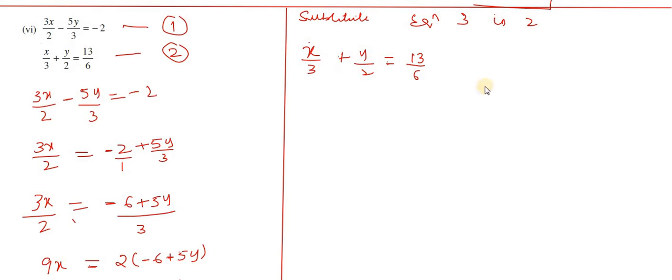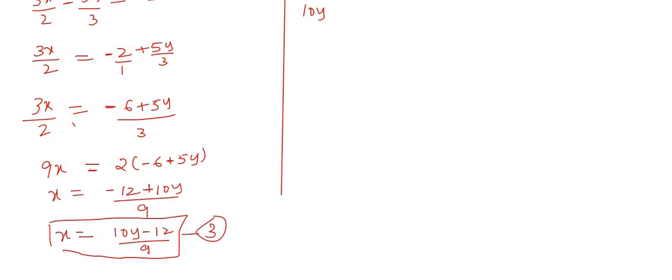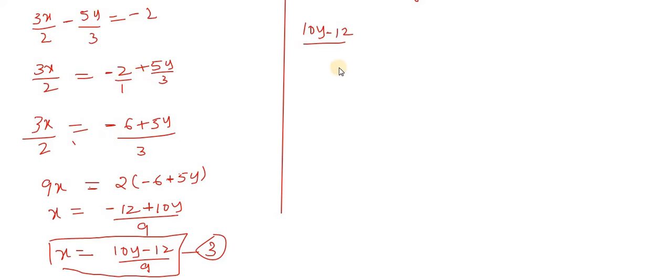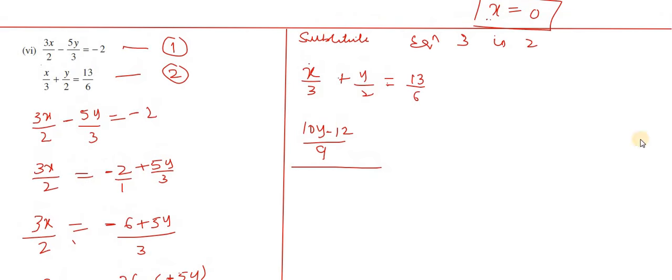So 10y minus 12 divided by 9, divided by 3, plus y by 2, which is equals to 13 by 6.